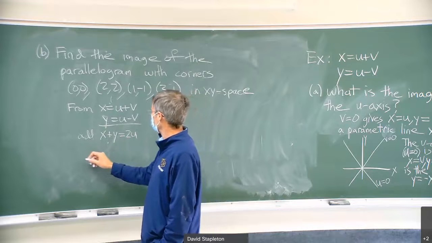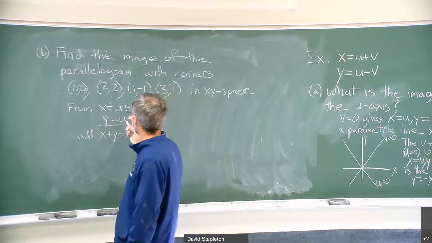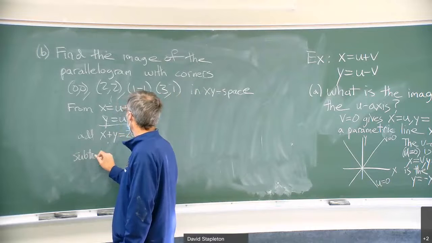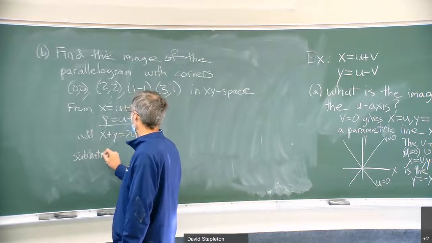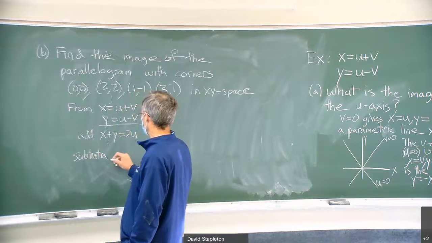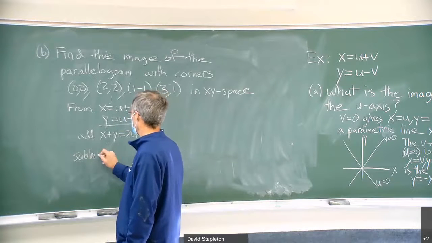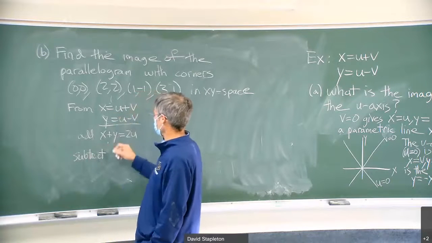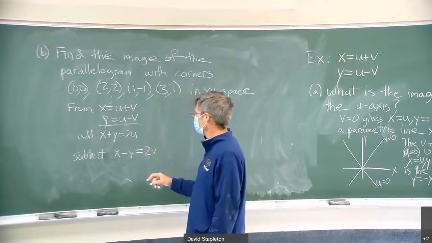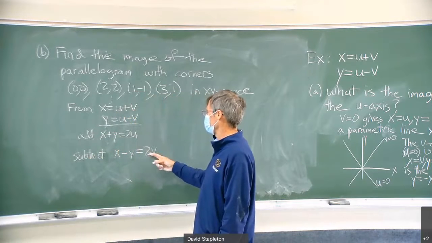And you can alternatively subtract to eliminate U. And then you get X minus Y equals 2V.